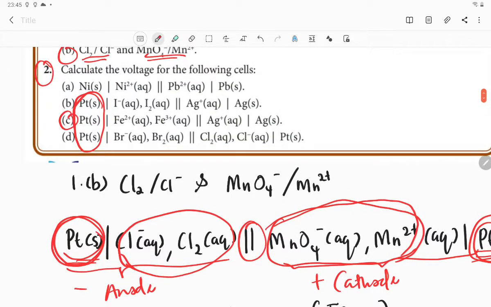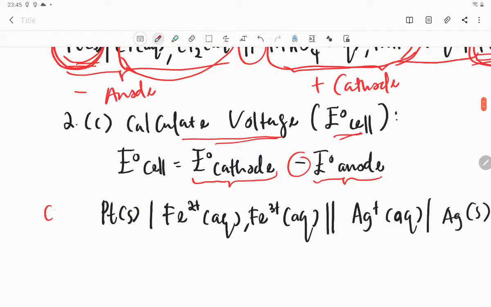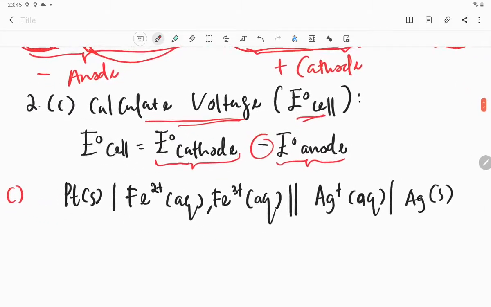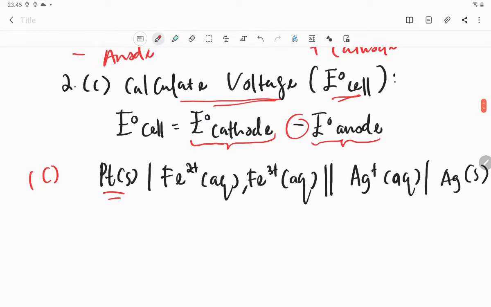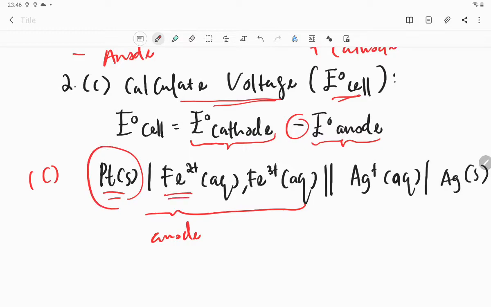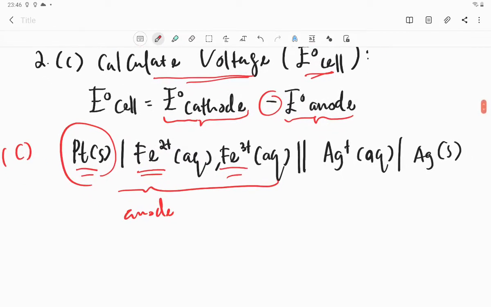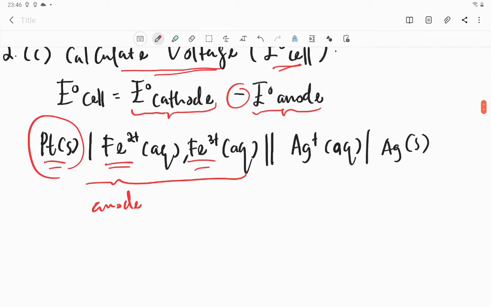One example here, question number C. Okay, the half cell of the anode, here is the anode. The electrode that we use is Pt because iron does not exist as a metal atom, it exists as metal ion, aqueous state.